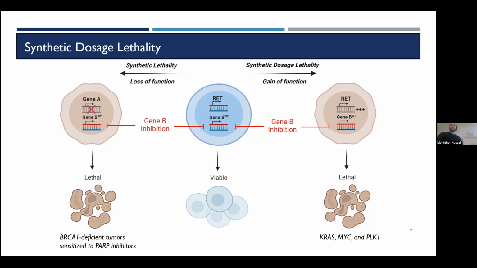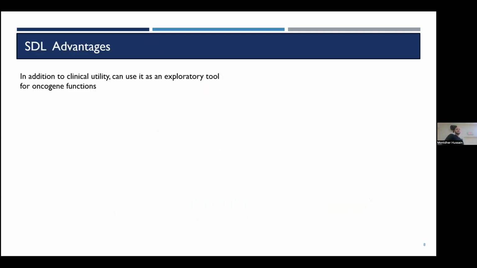And this has been used to explore therapeutic targets for prominent oncogenes like KRAS, MYC, and PLK1. Now, in addition to its clinical utility, it's actually a very powerful tool that can be used as a discovery platform for identifying or better exploring oncogene functions.